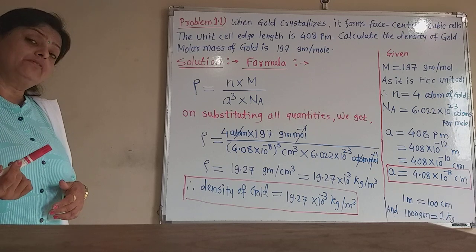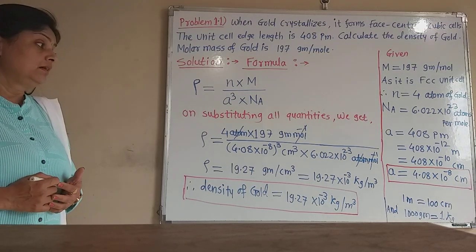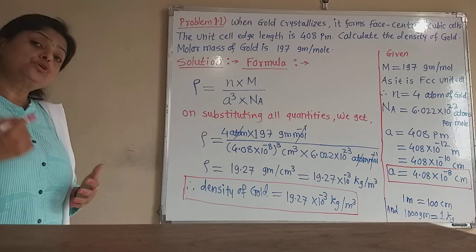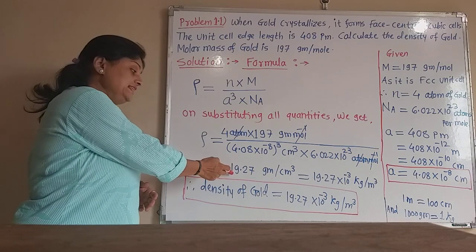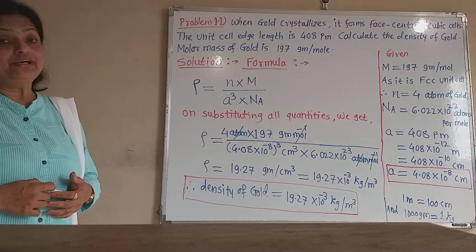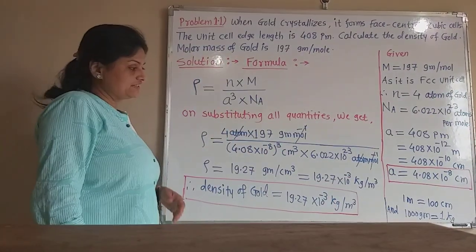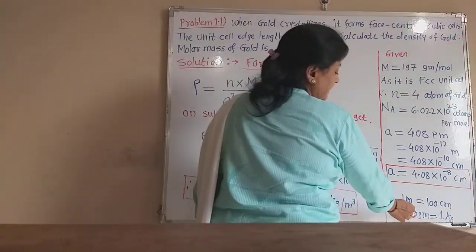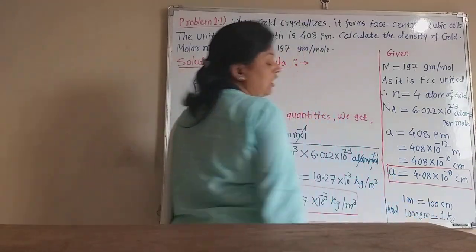If we have to convert this into kilogram per meter cube, then we know that 1000 gram is equal to 1 kilogram. So these grams are converted into kilograms, that is 19.27 into 10 raised to minus 3, because 1000 grams is equal to 1 kilogram. So these grams are equal to how many kilograms?